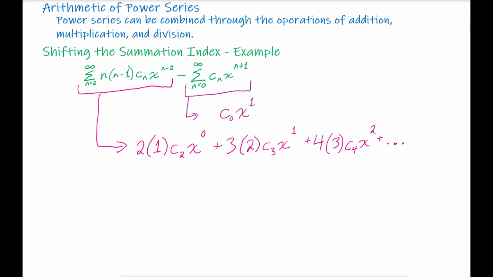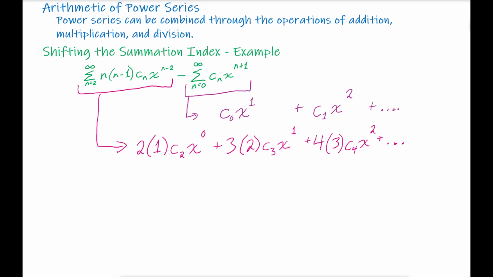Then my next term that's going to be added to that, I'm going to be plugging in n equals 1, so I'll have c sub 1 x to the 1 plus 1, or to the second power. And then I'm going to continue this on till infinity.